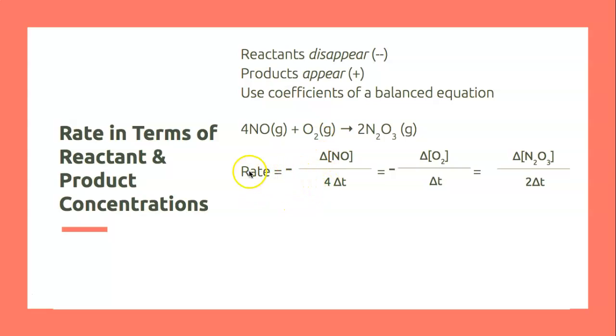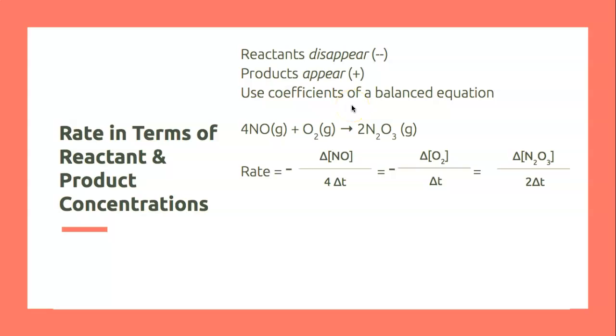Again, our rate here is negative because for every nitrogen oxide that's used up, it's going to go away. It's not going to be there anymore, which is why we have a negative sign there.